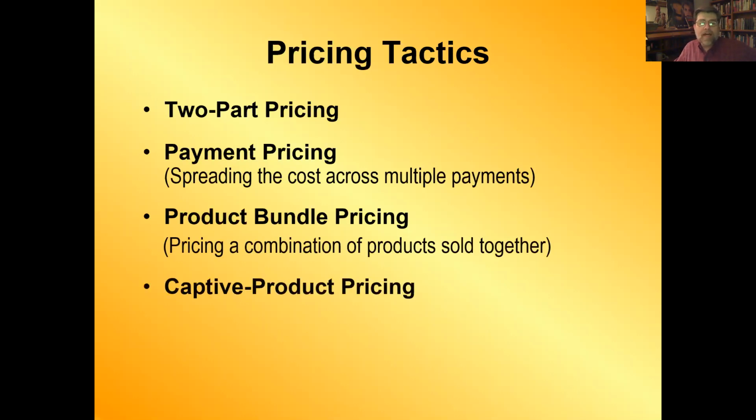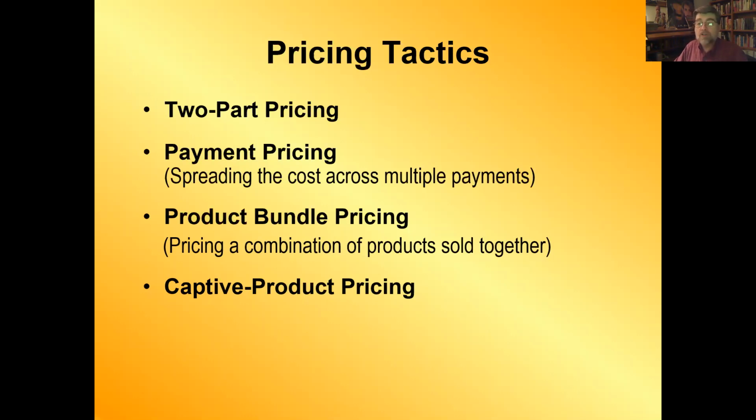We also have captive product pricing, and these are products that need to be bought with another product you bought. For instance, if you buy a printer, maybe it's the ink cartridge or the toner cartridge. GE made a lot of money. They sell X-ray machines and other types of medical equipment, and they discovered they made a lot of money on the X-ray tubes, because X-ray tubes, like light bulbs, will burn out and need to be replaced.